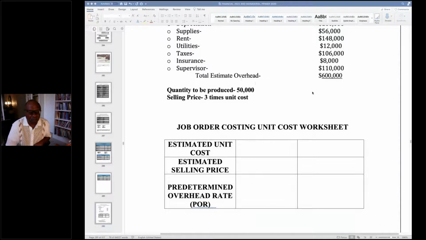Okay, so first you want us to do the job order costing unit worksheet, right? Like that whole worksheet first. Correct. Get those three numbers, okay.